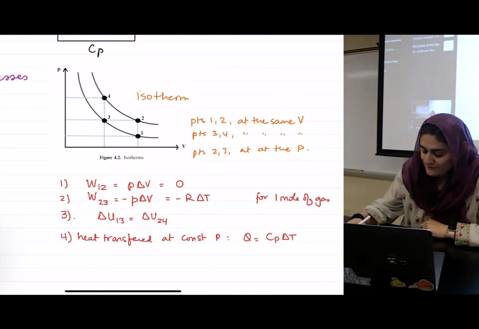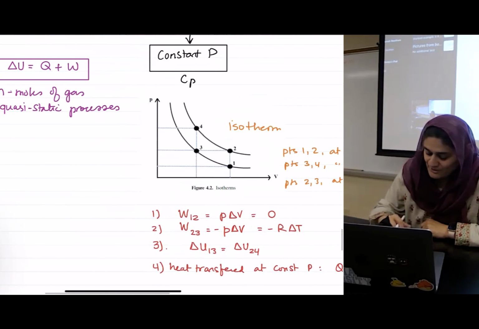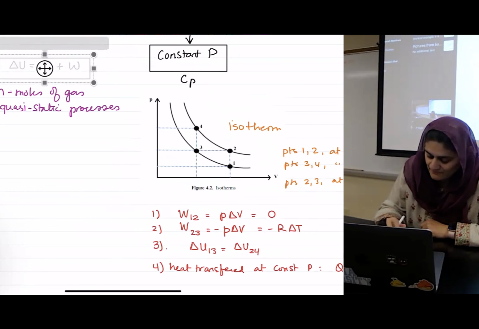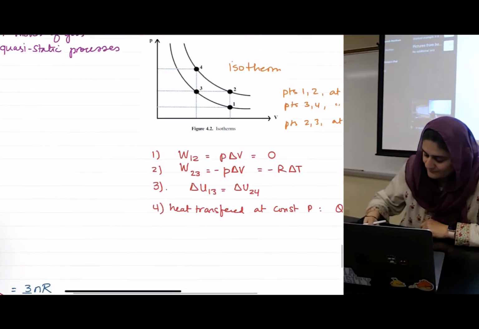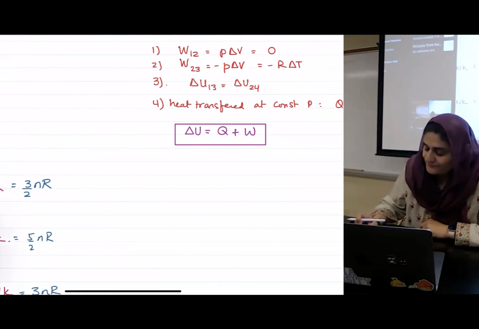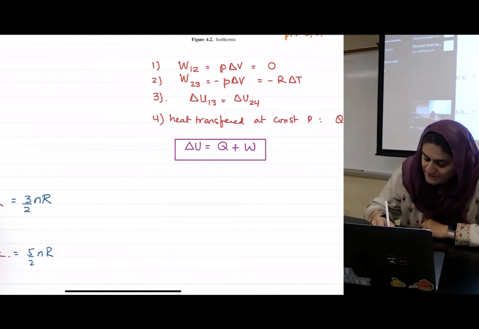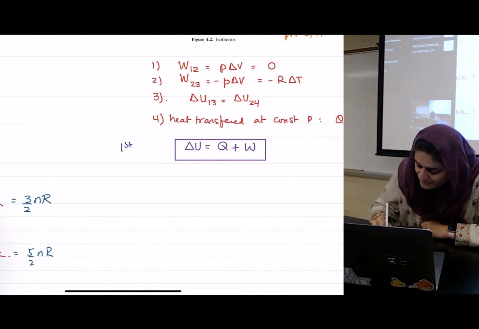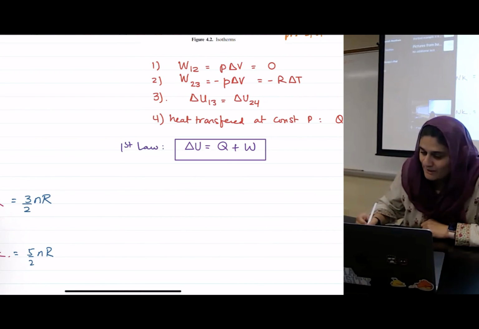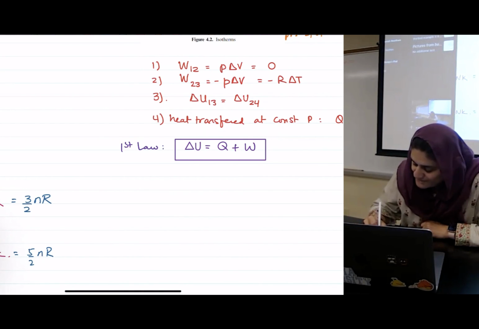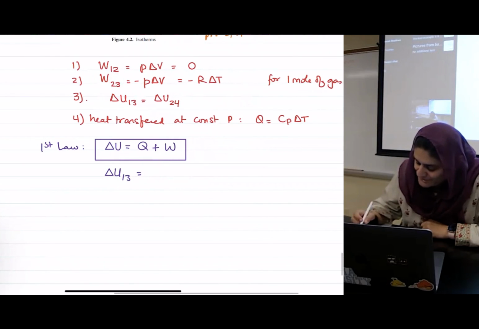Now going back to my first law, may I write this to be delta U, pick one. Do you want to do 1, 3 or 2, 4? 1, 3.